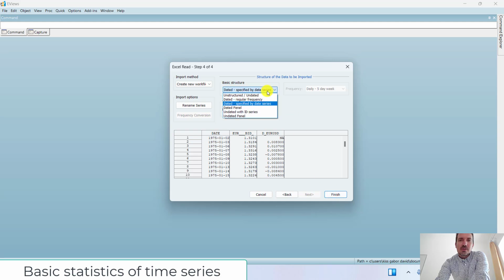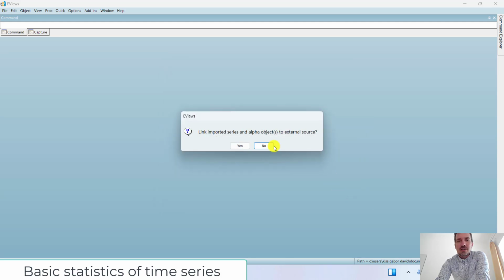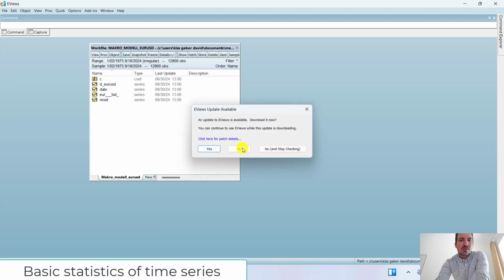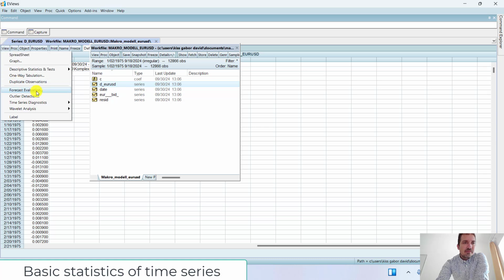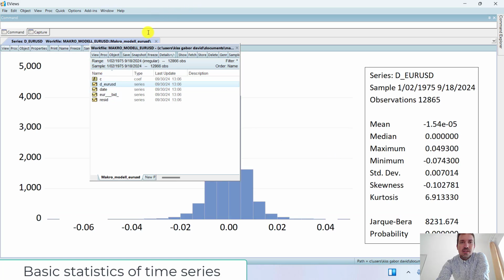Sometimes it's not able to recognize what is loaded in, but luckily today it is a good day. No, not today. Okay, so we have already the differential here. So we can just check descriptive statistics.